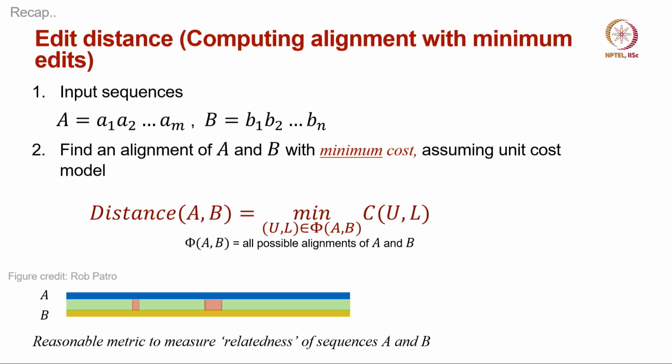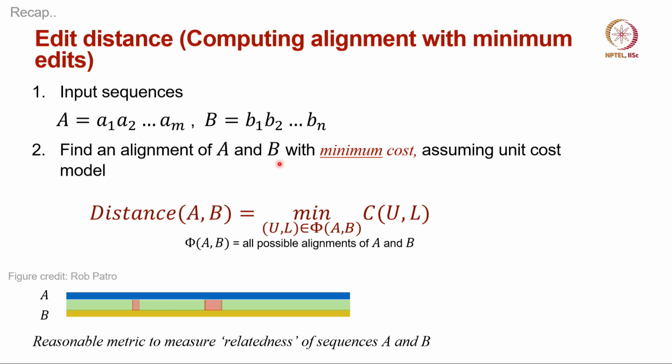So, let us do a recap of all these alignment methods. First was the edit distance based formulation, where we were computing alignment with minimum edits. So, again assuming you have two input sequences, sequence A and sequence B, we are seeking an alignment of A and B with minimum cost.